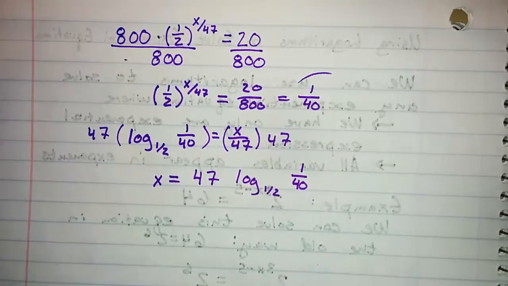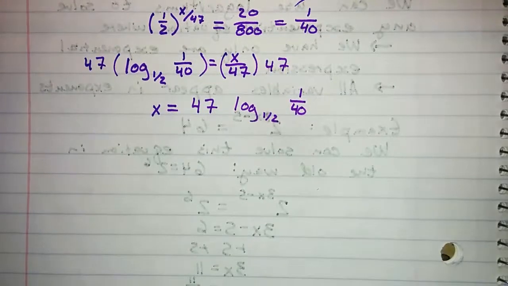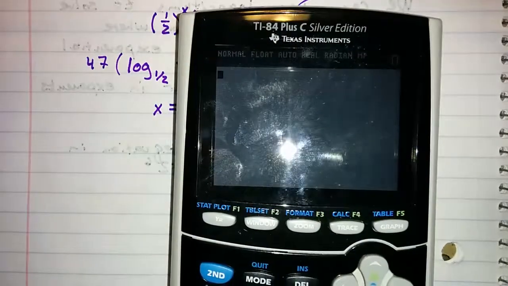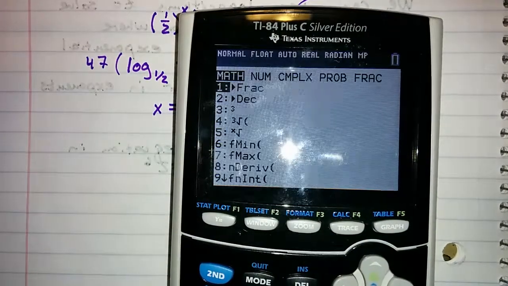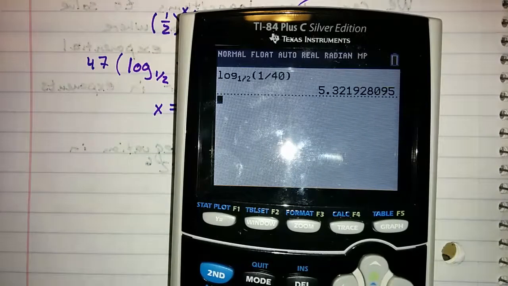I want a decimal approximation. I'm going to round this to 3 decimal places. Assuming, of course, the log base 1/2 of 1/40 doesn't work out nice. The log base 1/2 of 1/40. No, that doesn't look real nice.